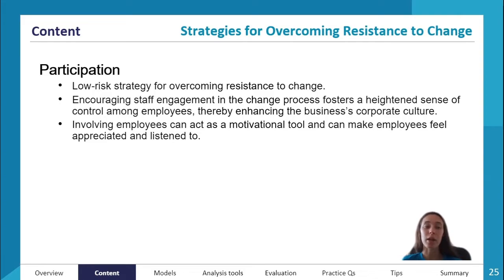And so participation is about encouraging that staff engagement in the change process, and that's going to make employees feel like they have a sense of control and they have a say, they have a voice, and that will work towards enhancing the business's corporate culture. If employees feel like they're being ignored or they're not valued, then that is not going to lead to a very pleasant environment within that business. So that's why participation is really a strong strategy.